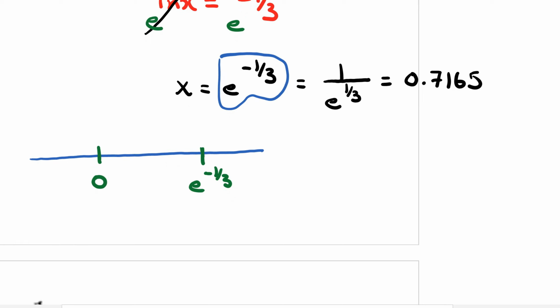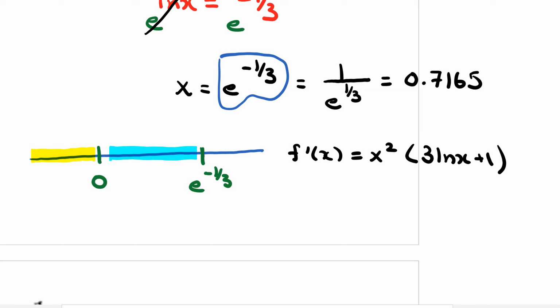Once again, we're going to test to see if things work here. Let me start off by writing my derivative expression, which is f prime of x, and the derivative that I had was x squared bracket 3 ln x plus 1. Now I have 3 regions: 1, 2, and 3.